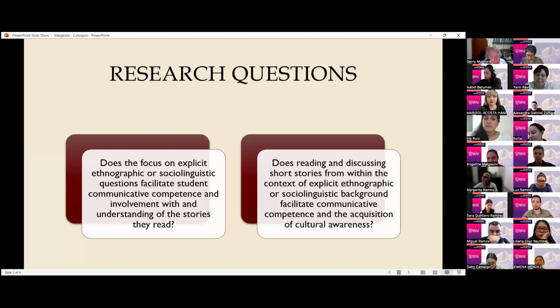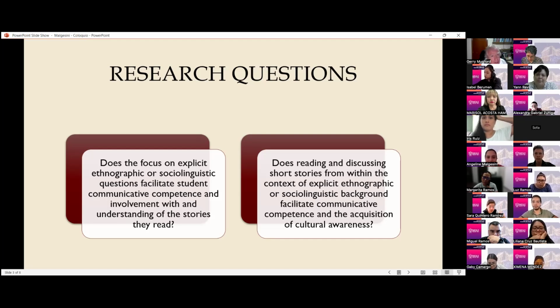And I think these research questions, although they need narrowing, at the moment I would leave them as they are, because there's still the idea, is it ethnographic? Is it sociolinguistic? The idea of communicative competence.